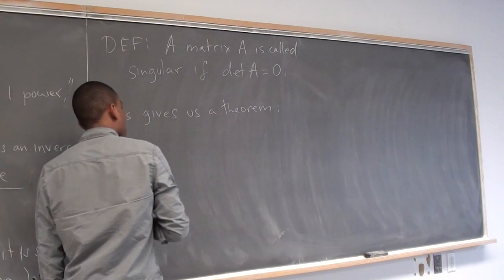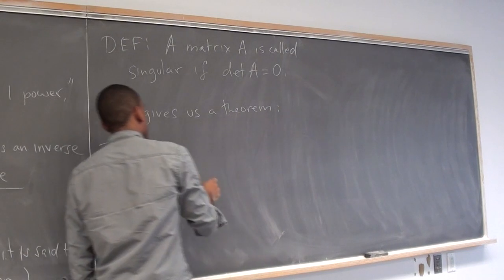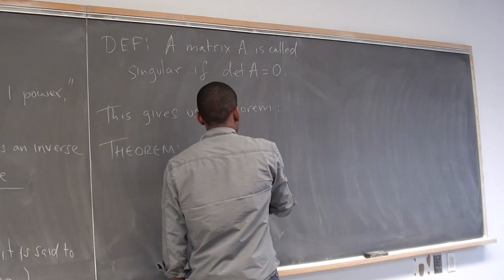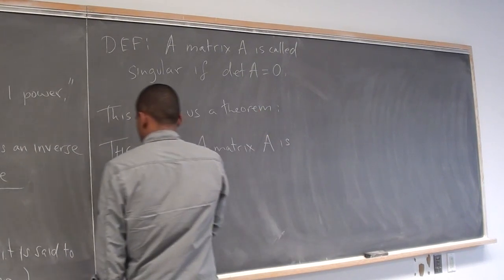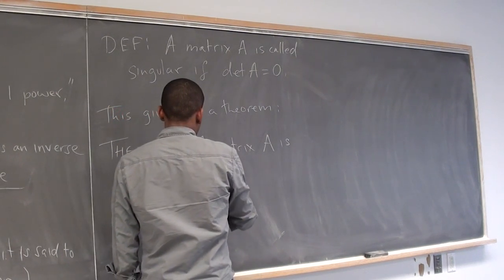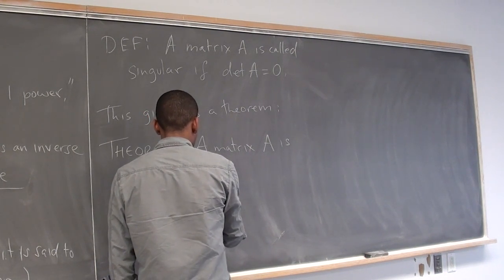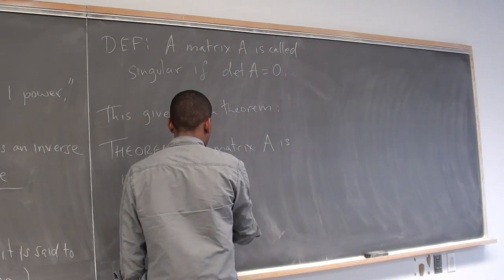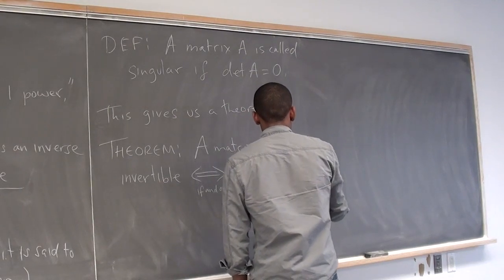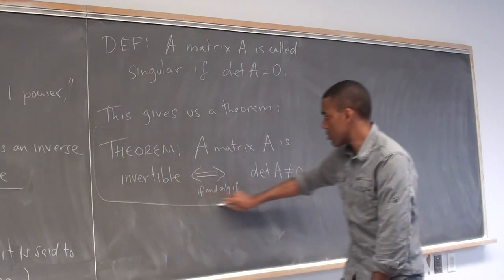That we're not going to prove, but we should just know: a matrix A is invertible if and only if the determinant of A is not 0. This is an important fact.